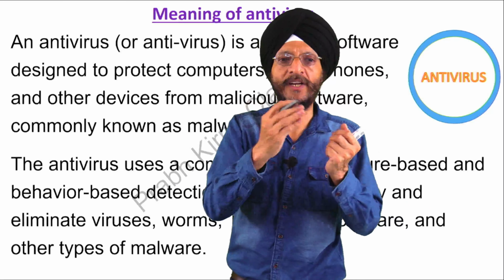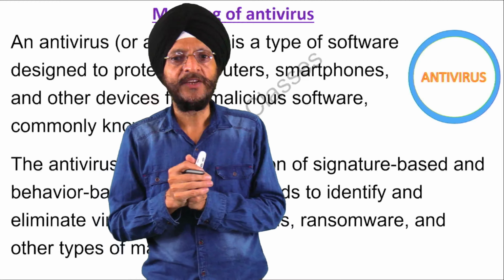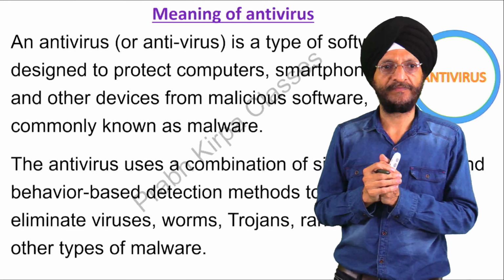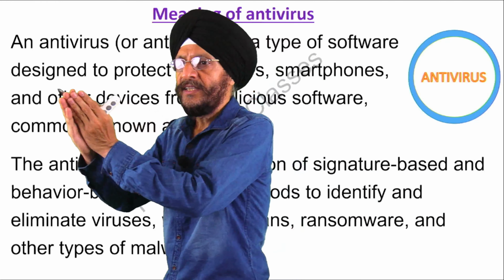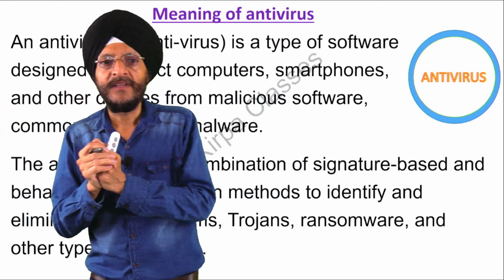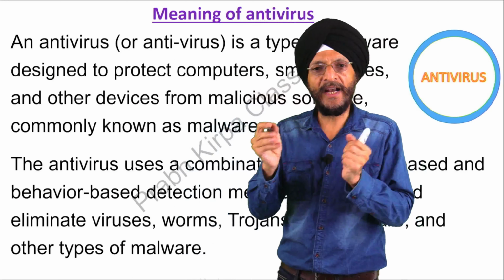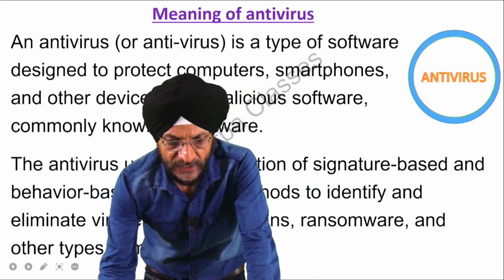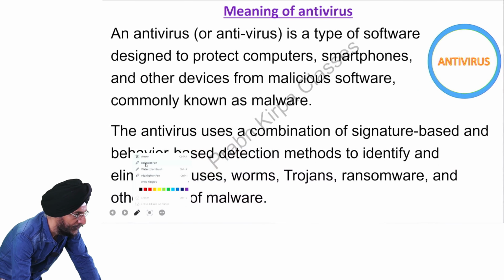These techniques or technologies may be signature based, heuristic analysis, behavior analysis, etc. By using these technologies and techniques, the antivirus identifies and eliminates viruses, worms, trojans, ransomware, and other types of malicious software.